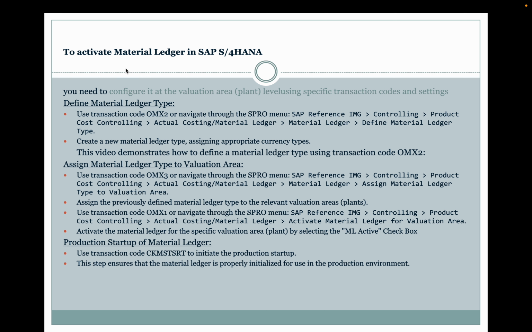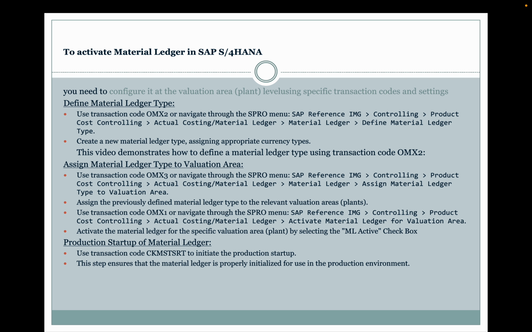The valuation area level must have the material ledger activated, then only it is possible to create a material master. In ECC it is optional, but in S4 HANA it is mandatory.